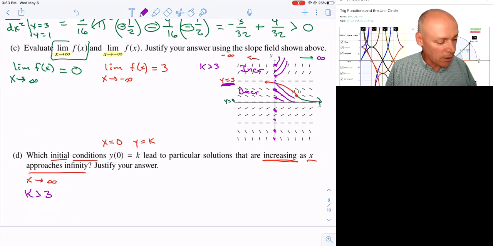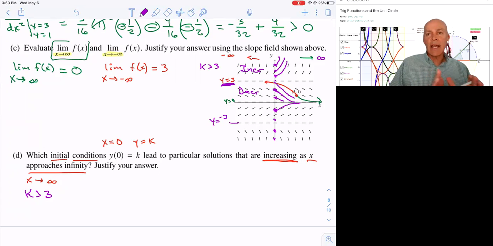But now check it out. If I go below y equals 0, below the x-axis, but I stay above y equals -3, like right here, check it out. My function is increasing. It eventually flattens out, but I don't care. It didn't say it couldn't flatten out.